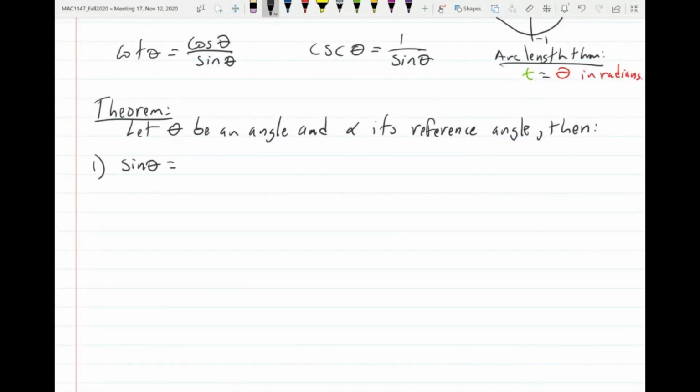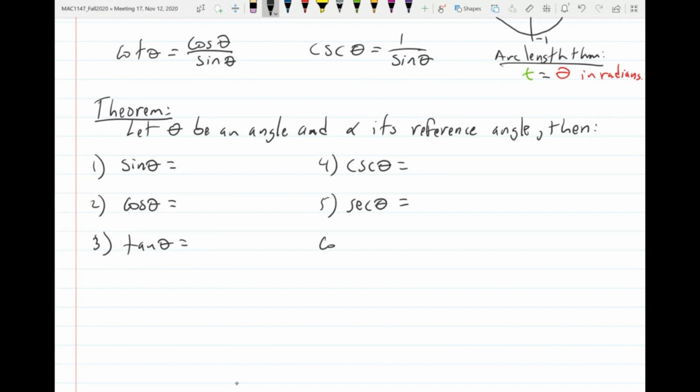So sine of theta, cosine of theta. We already know that. I'm just putting those here for completeness. So let's put tangent, then cosecant, secant, and cotangent.